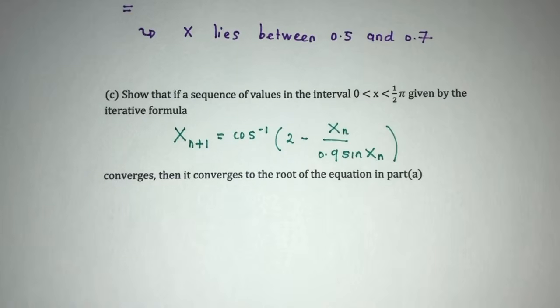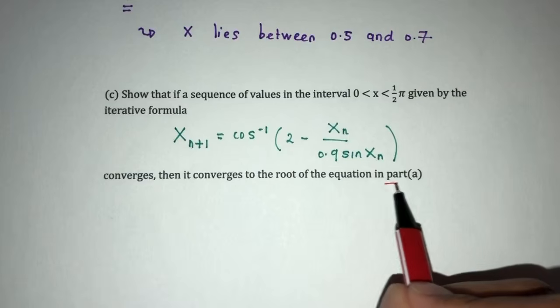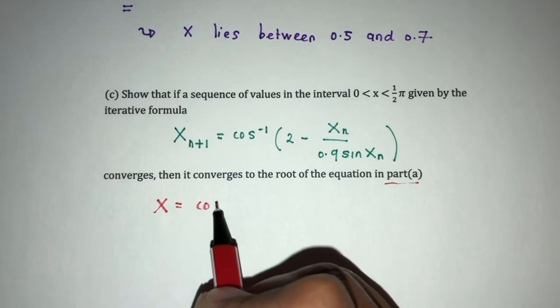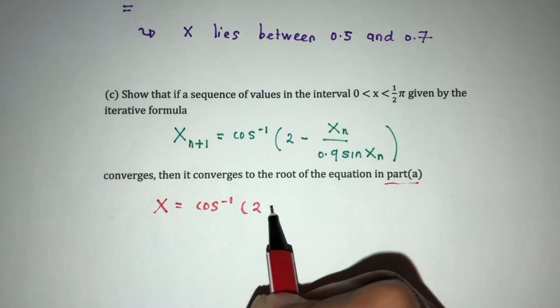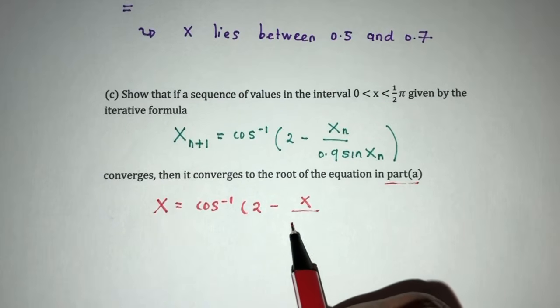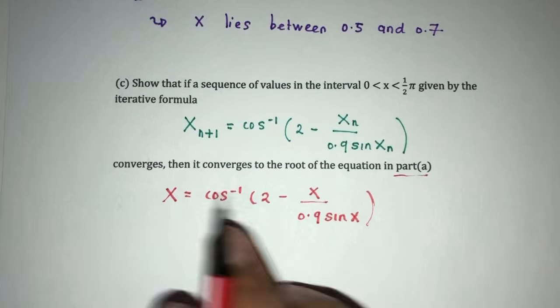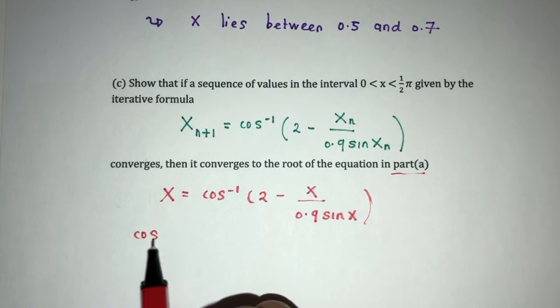We have to show that a sequence of values in the interval 0 to half pi given by the iterative formula converges to the root in part 1. So pretty easy. Let's say we have x here, that will be cos inverse. We just have to show this formula will give us back what we had in the first place. We send this over here, you'll have cos of x.